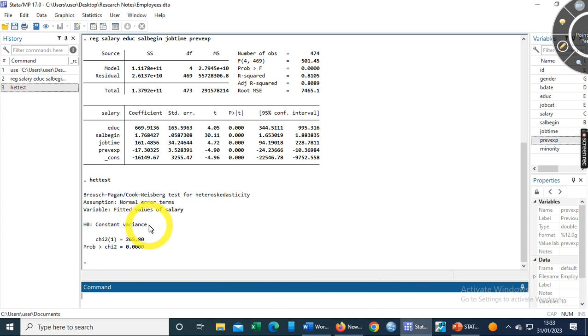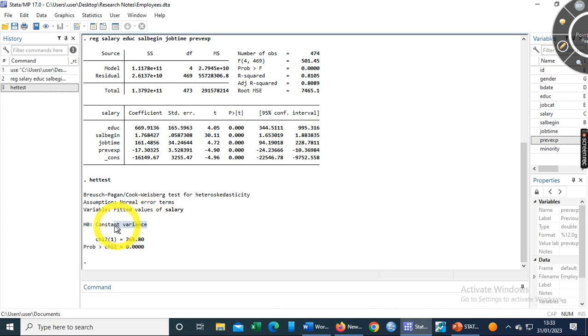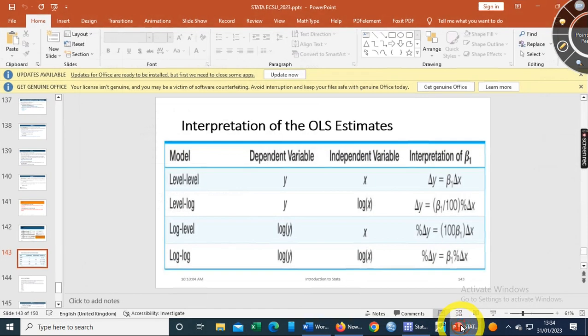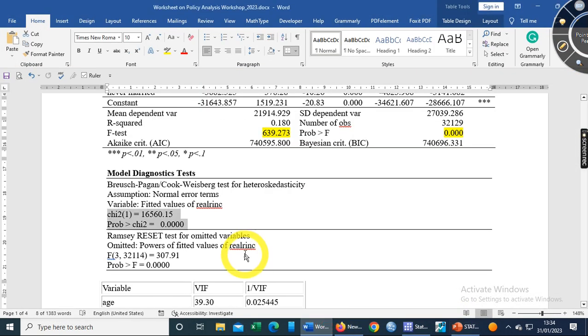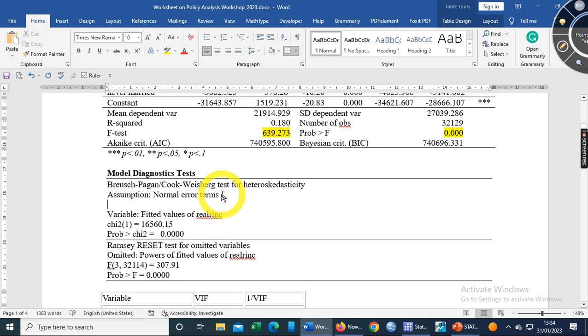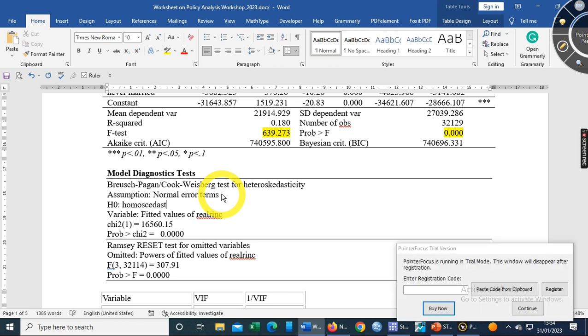As you can see from here, the null hypothesis states that the disturbance term is homoscedastic.